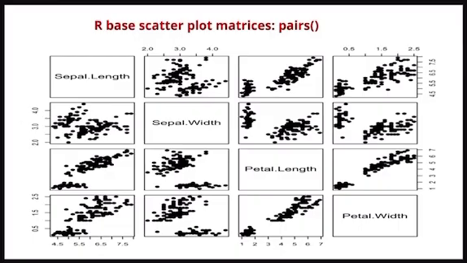The moment I have the name of my data set saved in R, I just need to write pairs, and in the parentheses you can put the name of the data set. And of course, what you're going to see is what is being displayed.